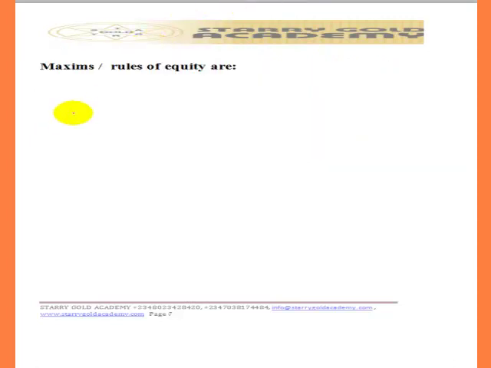And let us look at what we call maxims of equity. Maxims mean the terms used to describe the function of equity. So we used to say that equity follows the law.